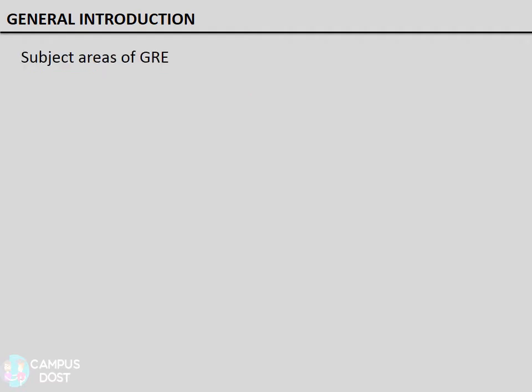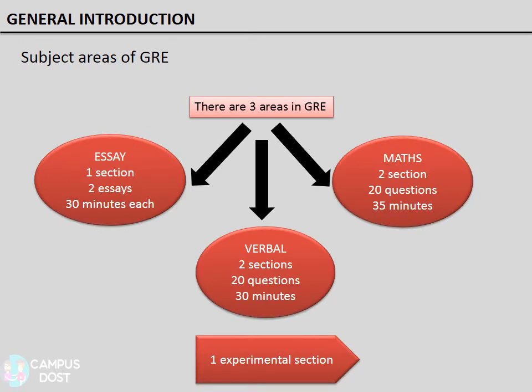Our next part is subject areas of GRE. Basically, there are three areas in GRE: essay, verbal, and mathematics. In essay, there is one section in which there will be two essays, which will take 30 minutes each. In verbal, there will be two sections, with 20 questions in each section, and it will take 30 minutes.